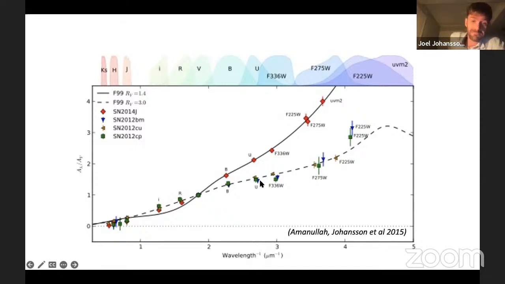Yeah, so a lot of observations show that RV is different in different sightlines in our galaxy, and it is different in other galaxies. As a first guess, you can use RV 3.1, but in principle it can be anything from 1 to infinity.